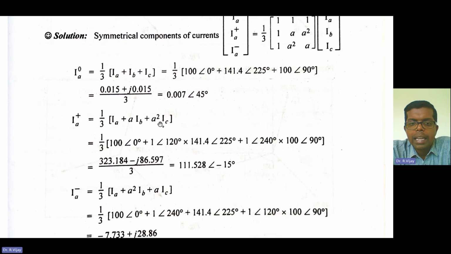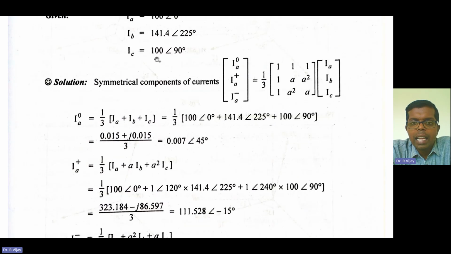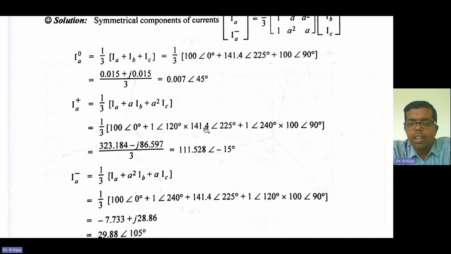Next IC, given in the problem, that is 100 at the angle of 90 degree. Just take your scientific calculator and simplify it. You'll get the answer in the complex format, so you need to convert that into polar format. If you convert into polar format, you will get the answer as 111.528 at the angle of minus 15 degree.